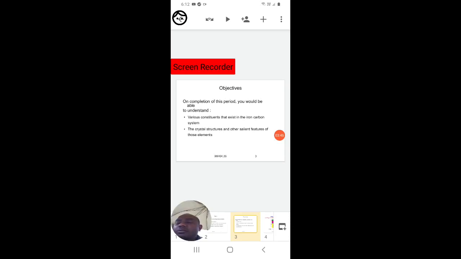This is also a very important topic for analysis of the iron carbon equilibrium diagram. On completion of this period, you would be able to understand the various constituents that exist in the iron carbon system, the crystal structure and other salient features of those elements. Okay, next.